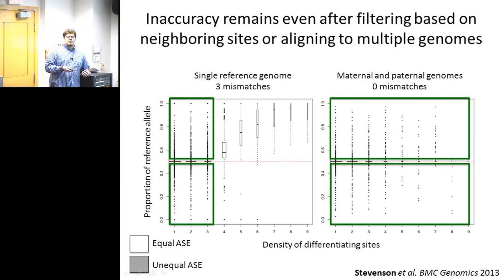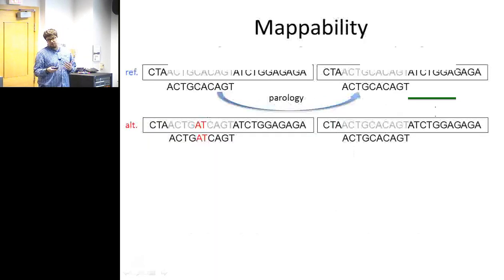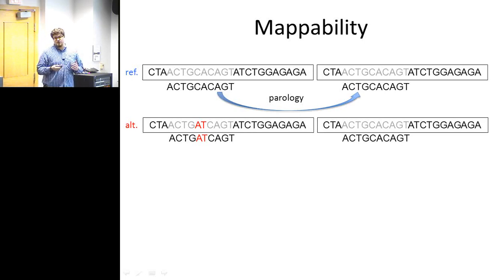So one thing that we hypothesized could explain this are differences in mappability, and that is our ability to uniquely map, because that's one of the criteria that we're enforcing, these reads to a reference genome. So here I just want to give you a couple examples of how mappability could be affecting this.